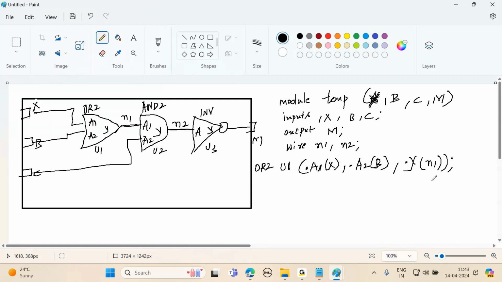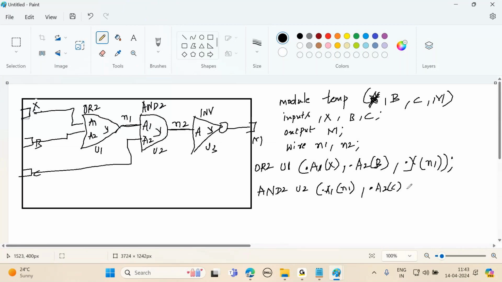Next, describe the second cell. What is that? AND2. Instance name is U2. This is given by my synthesis tool. So dot A1. The A1 pin, where is it connecting? It's connecting to the N1 net, comma, dot A2, where is it connecting?